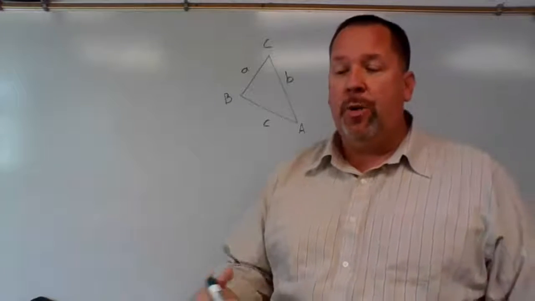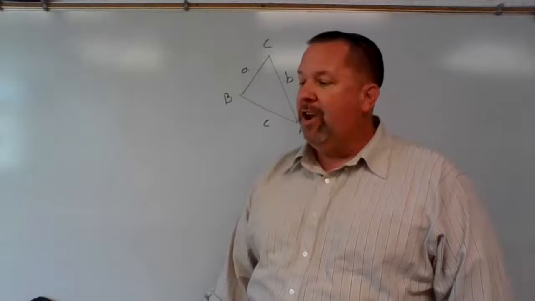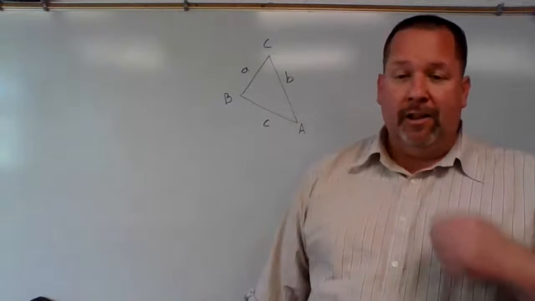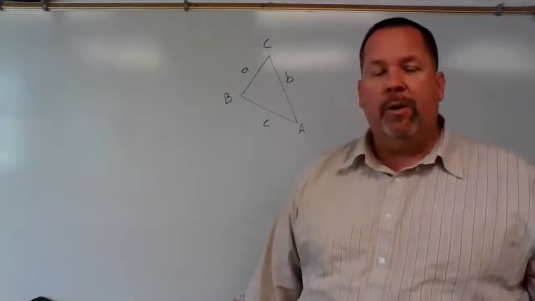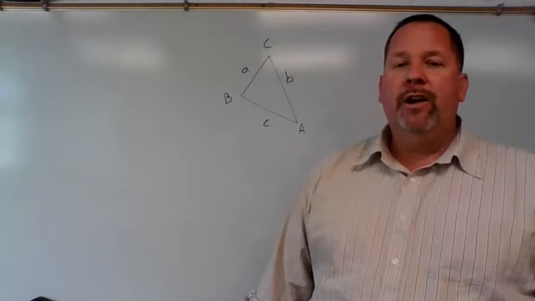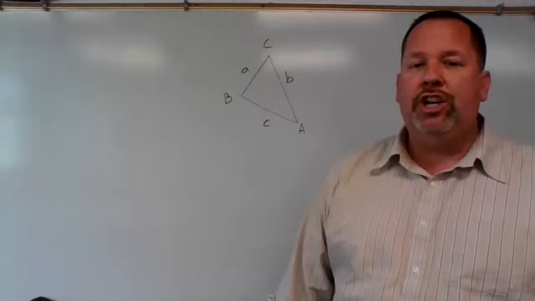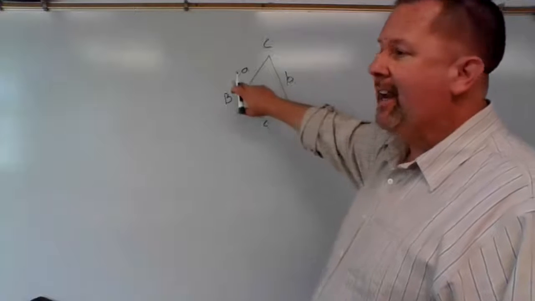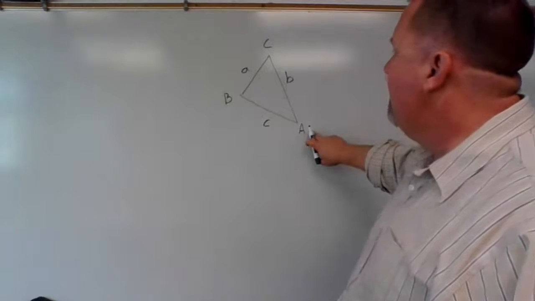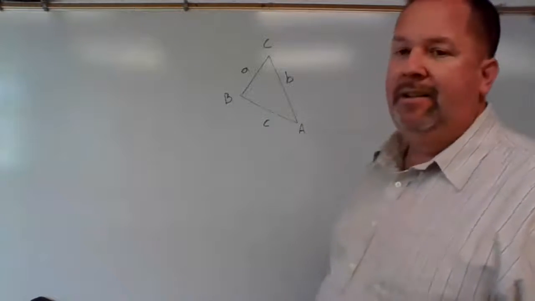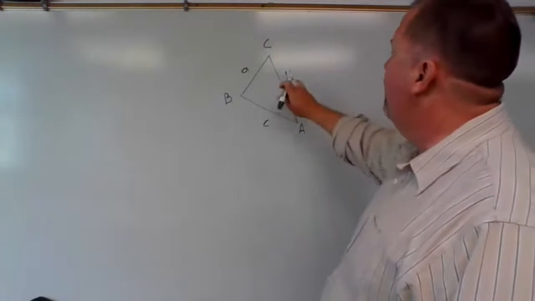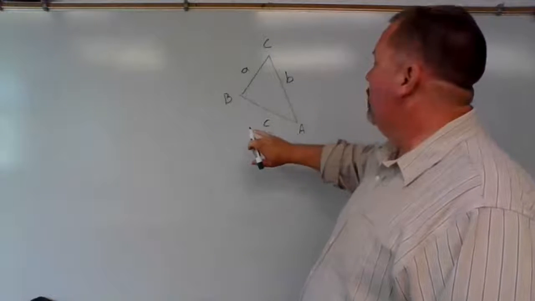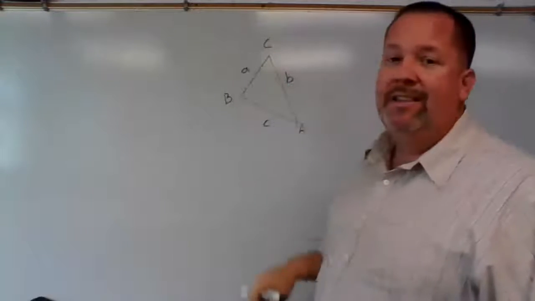And hopefully you've got your note page, so you've taken a look at this already. What we can show for any triangle, we could take the time to prove this, but we're not, hopefully you'll just take my word for it, is that the ratio of the length of side A to the sine of its opposite angle is equal to the ratio of this side to this sine, which is equal to this side to this sine.